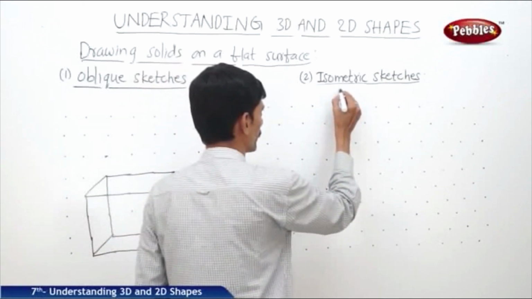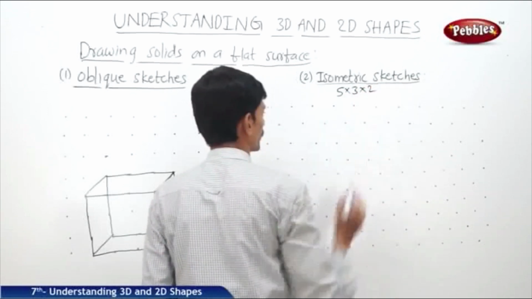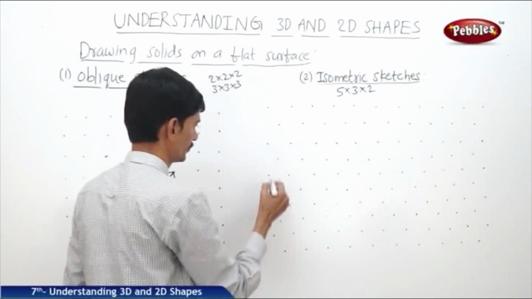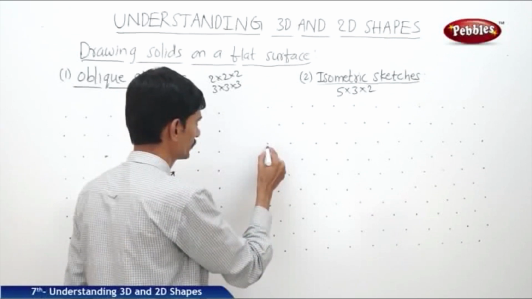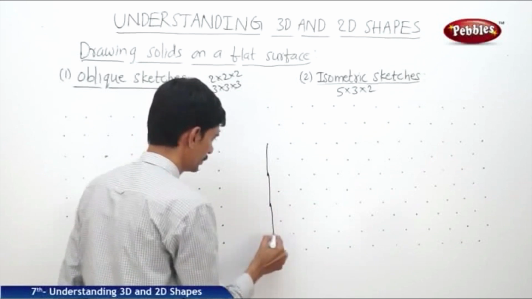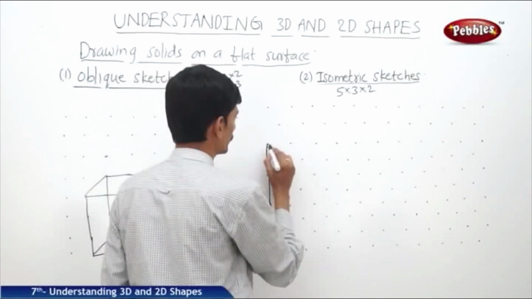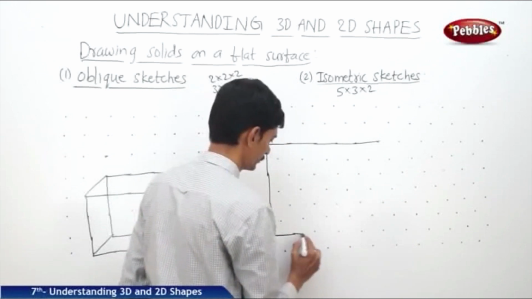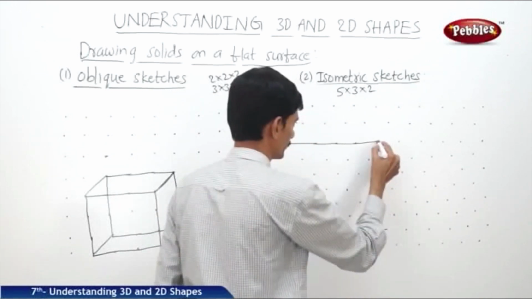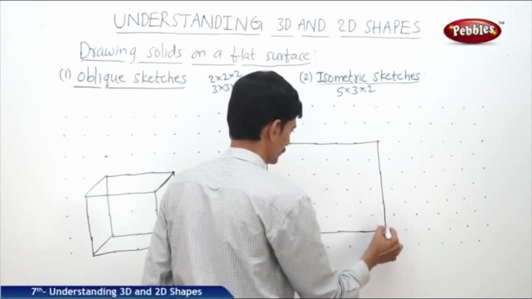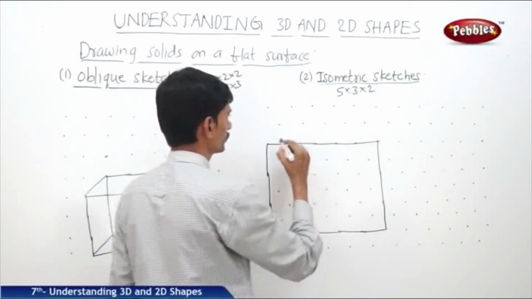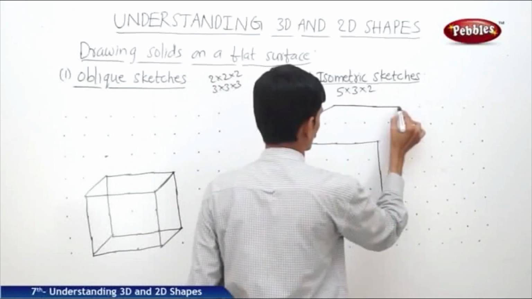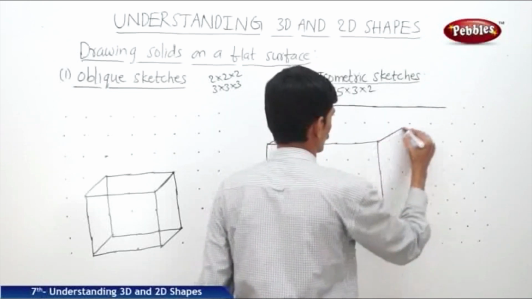If you want to show a cuboid of 5, 3, 2 dimensions, first we take the 3 centimeters height, 1, 2, 3, then 5 centimeters length, 1, 2, 3, 4, 5, then depth 2 centimeters, 1, 2.